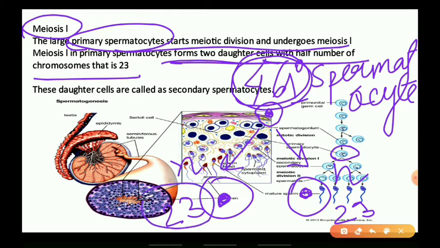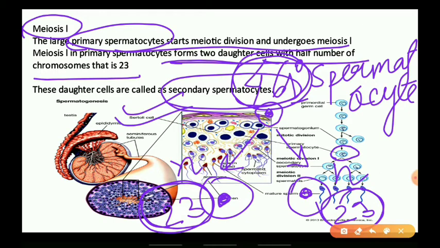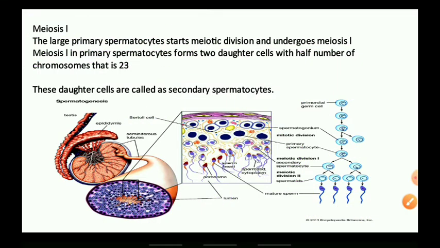After meiosis 1, these two daughter cells with 23 chromosomes are called secondary spermatocytes. Hope it is clear.